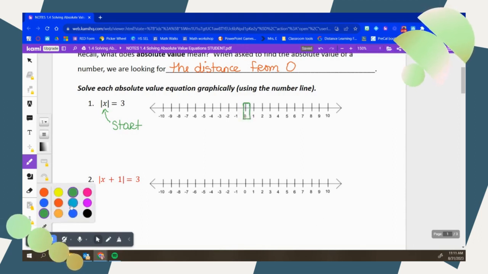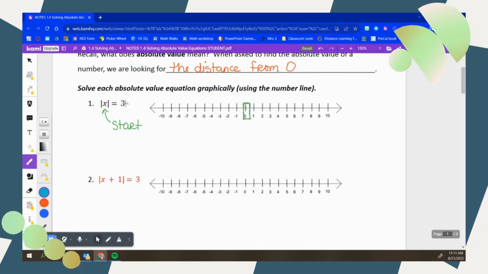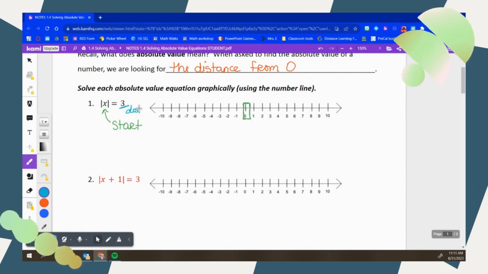Remember, absolute value is a distance. Look up here at the screen. Absolute value is a distance. So how far do I need to travel? I need to travel a distance of 3. 3 is my distance. From my starting box, I'm going to travel a distance of 3. 1, 2, 3.